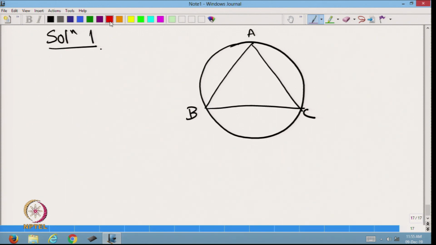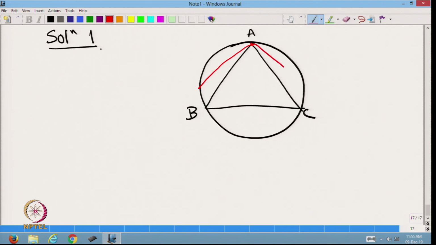It is obvious that suppose we assume one end of the chord is at a point A, then if the other end of the chord is in the arc A to B, then we can see that the length of this chord is less than the side of the triangle.